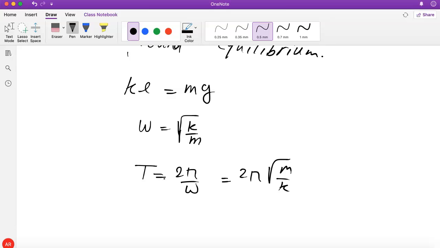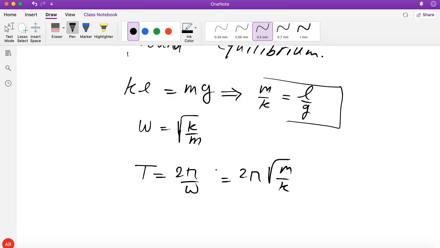It only depends on the ratio of M over K. And then we see that if we divide this by K, right, that ratio appears. So M over K is L over g. Right? So then we're good.